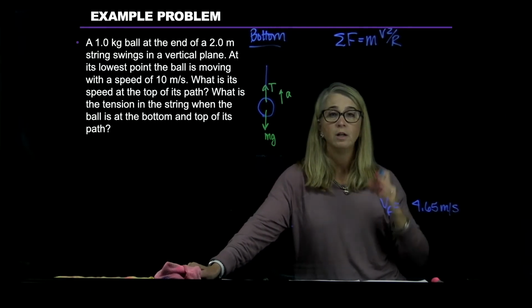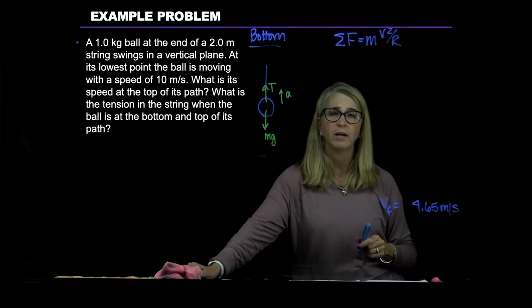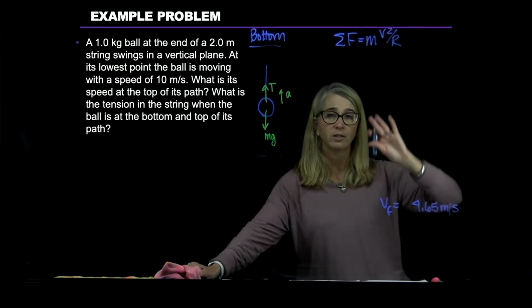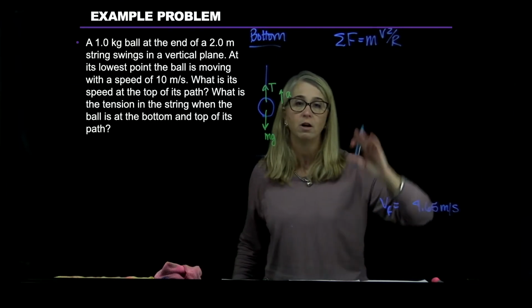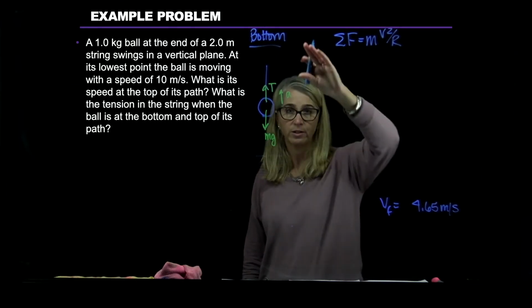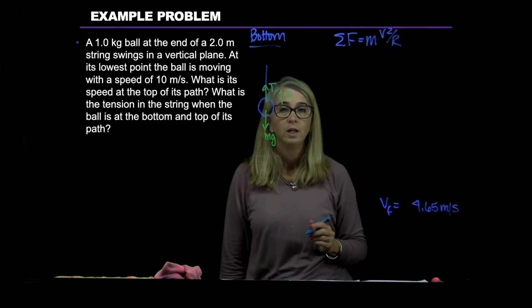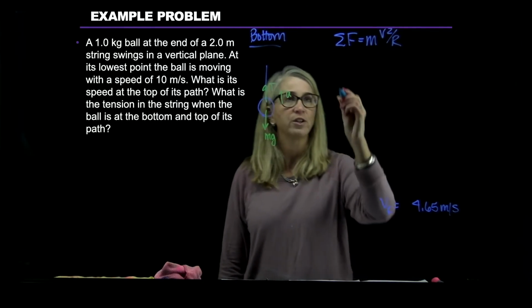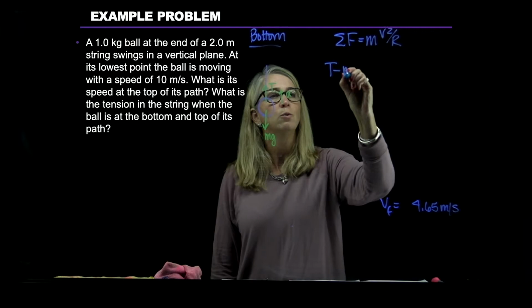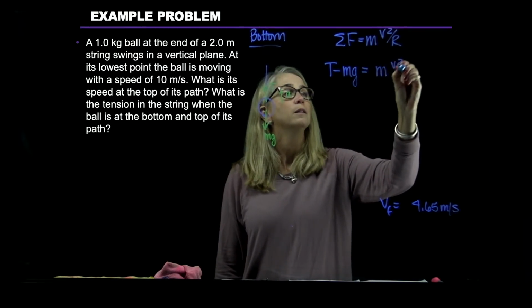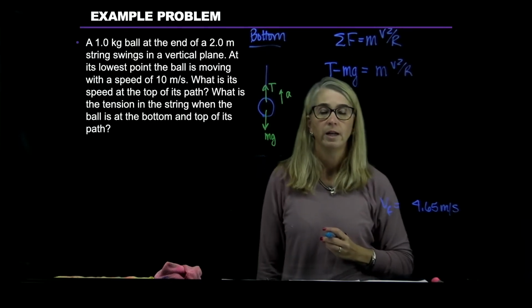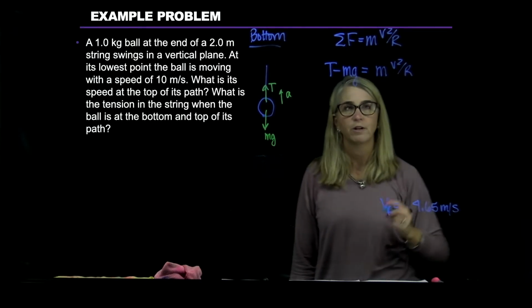So this is where my components, I'm not talking about x and y, but in this case I'm talking about radial being the direction. Radial is along the line that goes from the object to the center of the circle. The two forces that I have are tension and the weight. And that's equal to mass times acceleration.